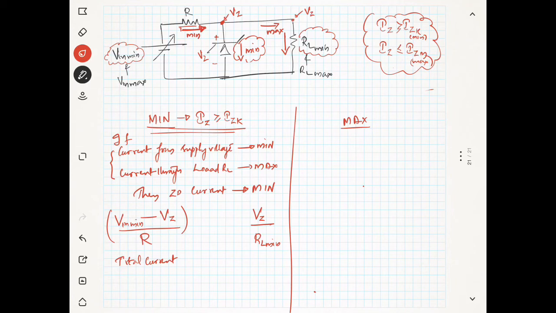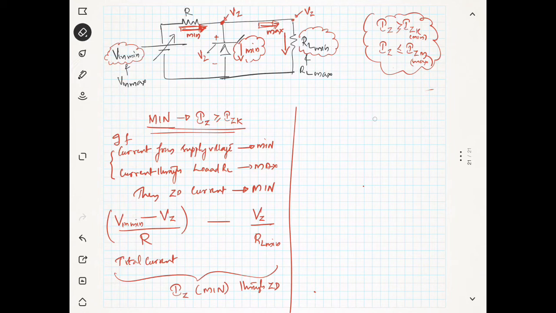Now this is the total current which is coming from here and some current is leaving to the load, you can see. So the remaining current, you just need to subtract this, then that will be the current. Now this is the current Iz, which is minimum Iz through the Zener diode. I will write it here itself.